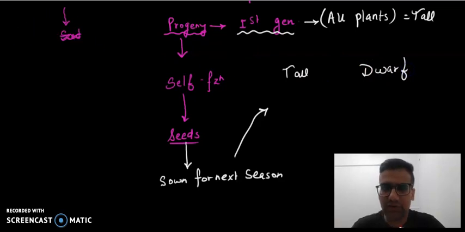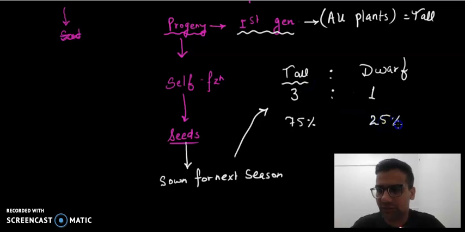The ratio of tall plants to dwarf plants obtained by Mendel was 3:1, or 75% of the plants in the second generation were tall, whereas 25% of the population was dwarf. These were the results obtained by Mendel.